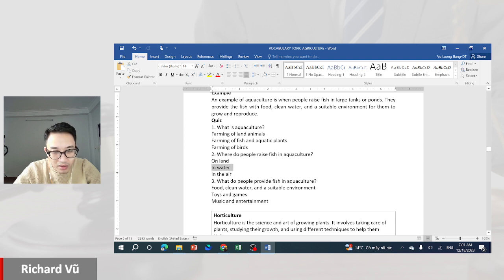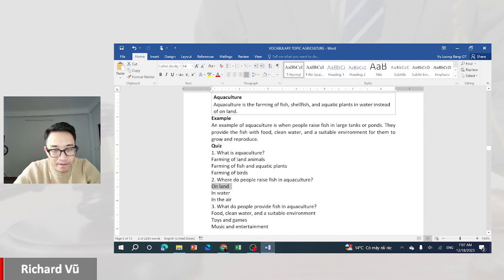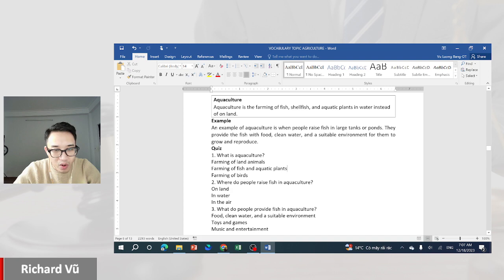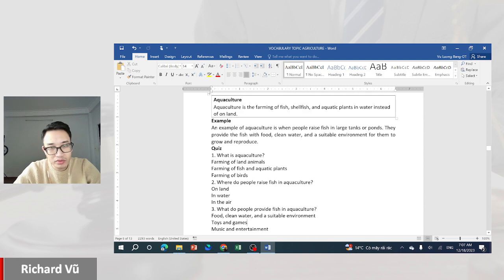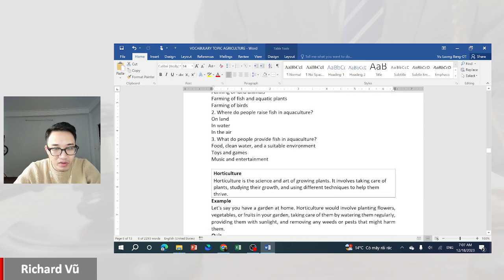In water or on land? The correct answer is in water, because aquaculture is farming of fish in water instead of on land, right?